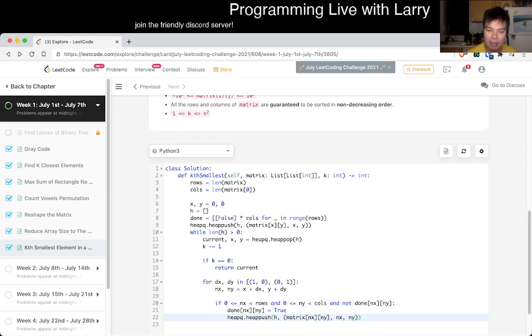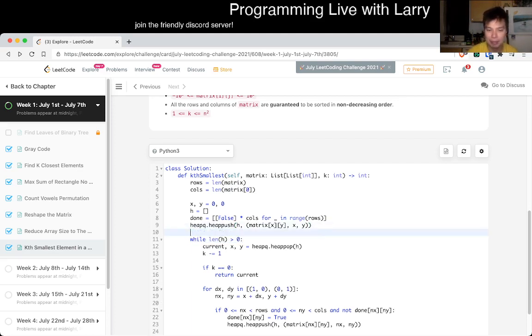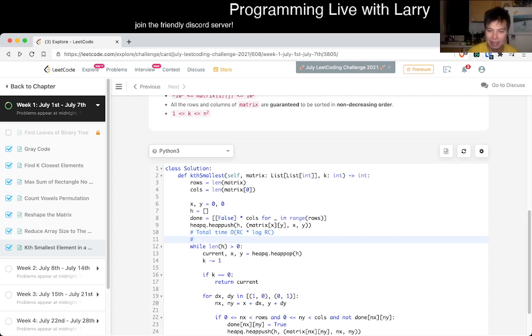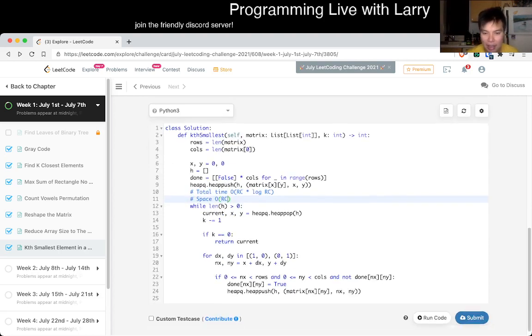If k is the largest element, you're going to push every element, log r times c time, so the total time is going to be O of rc times log of rc. And in terms of space, it is just O of rc, or r times c if you want to be more precise.